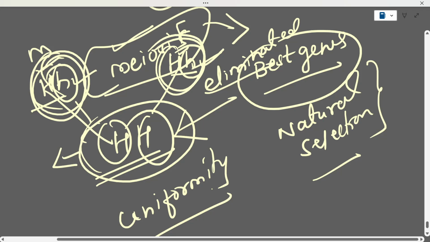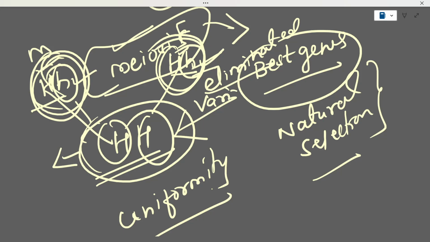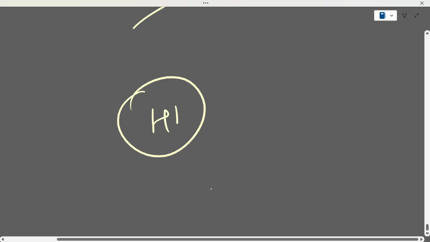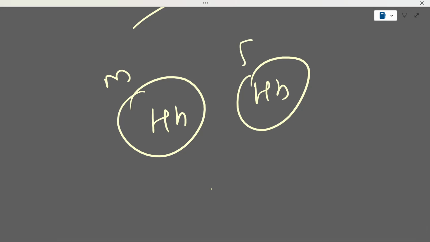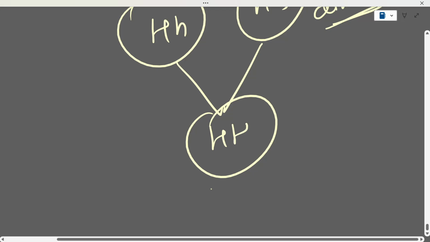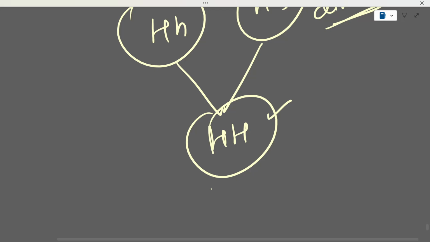So it means both were diverse. They held the variations. Mother and father, both of them, were gene diverse. But natural selection inherited the best possible one. Now the diversity has gone. Uniformity has taken hold.